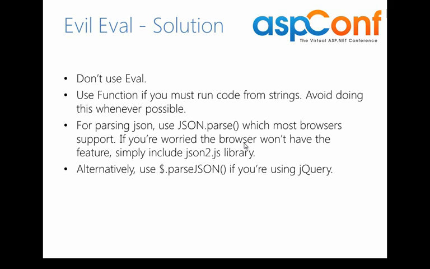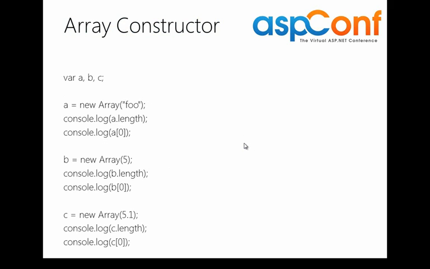You can just do JSON.parse, which is in most browsers these days. And if you happen to be on a browser that does not support it, you can include a JavaScript library called json2.js. Alternatively, if you're using jQuery, you can simply do $.parseJSON, and that would parse the JSON, ensuring all the scope and that sort of thing is maintained.